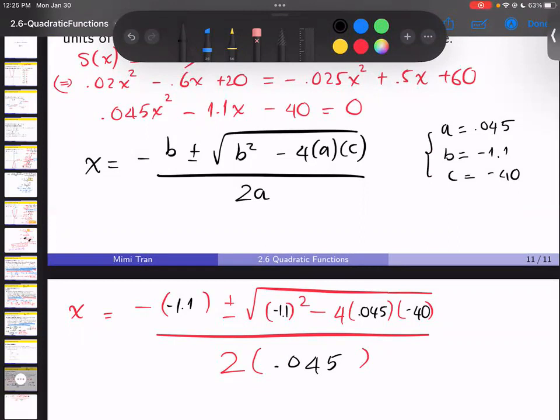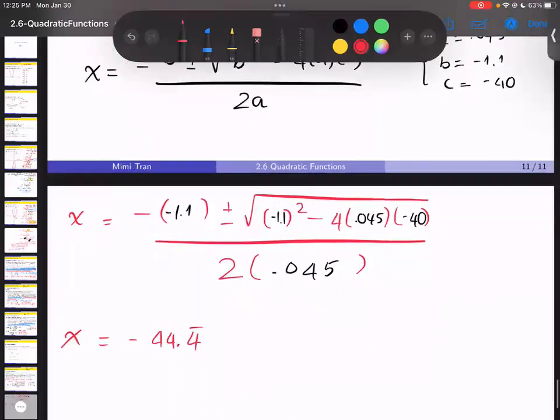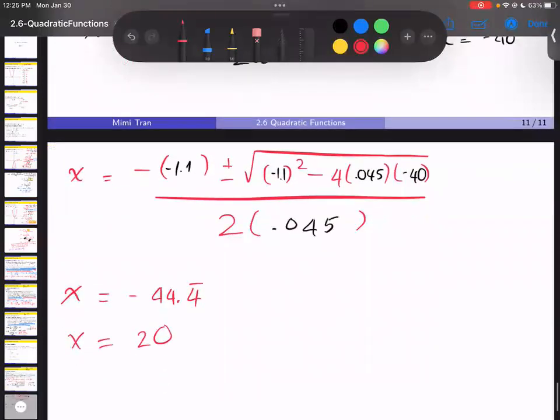Let me give you a happy ending. So I have two values. I have x equals negative 44.4 repeating, I'll just put the little bar above that. And then x equals 20. Since I cannot have a negative x, the first one is an extraneous solution.